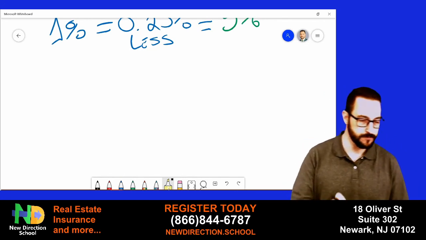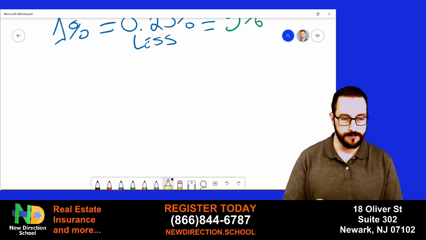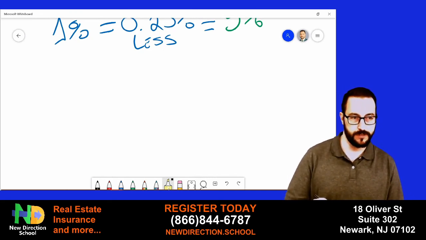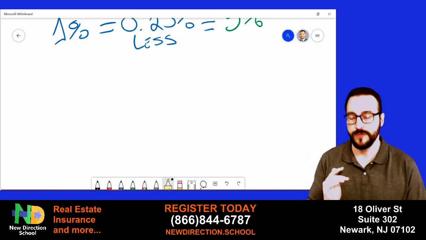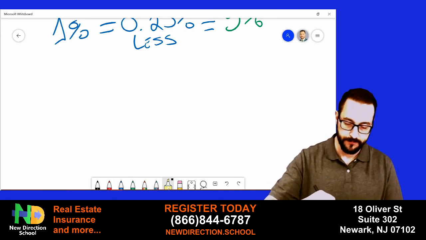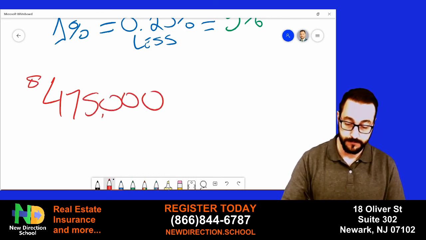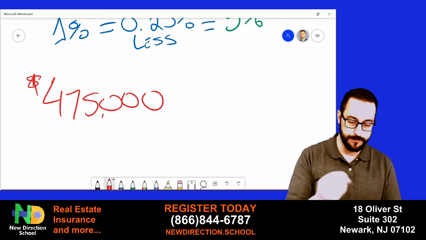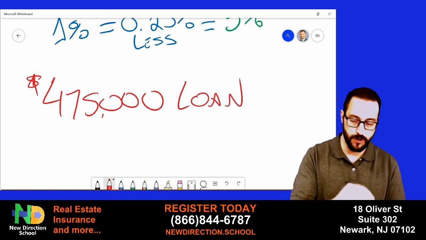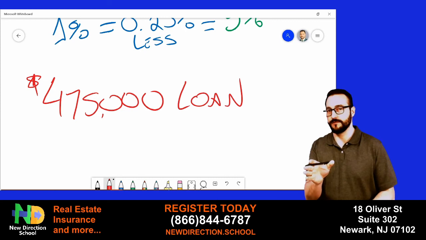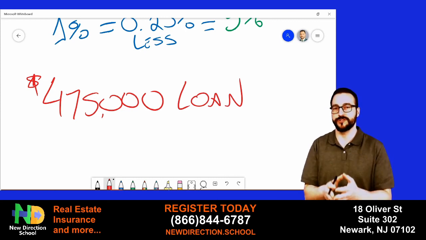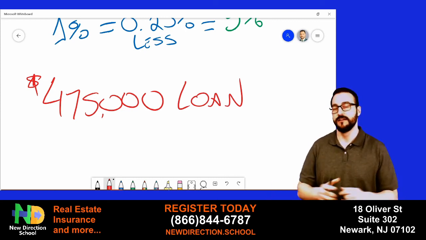Let's assume that you have a mortgage loan for $475,000. You remember that the 1% is from the loan, not from the purchase price.